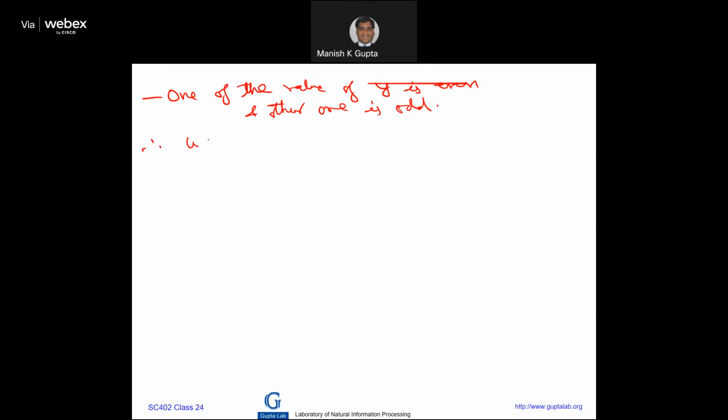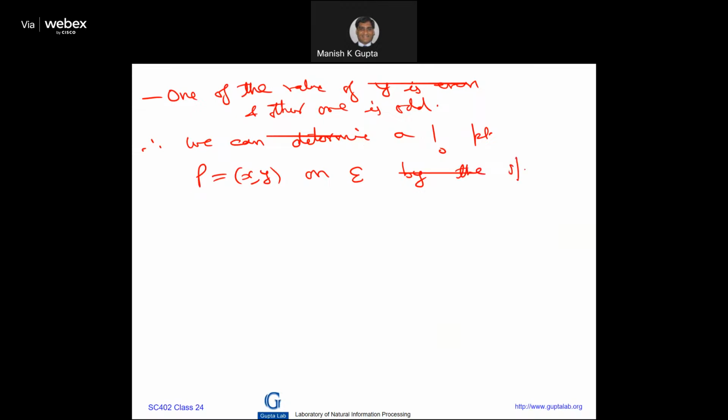Therefore, we can determine a unique point P equals x comma y on E by specifying the value of x together with a single bit, y mod 2.